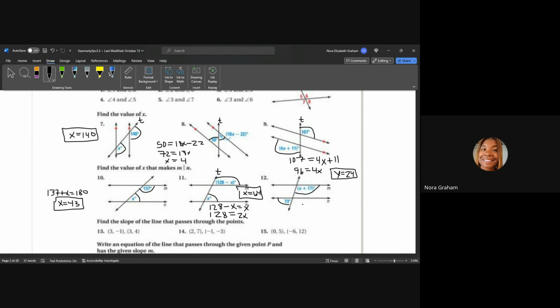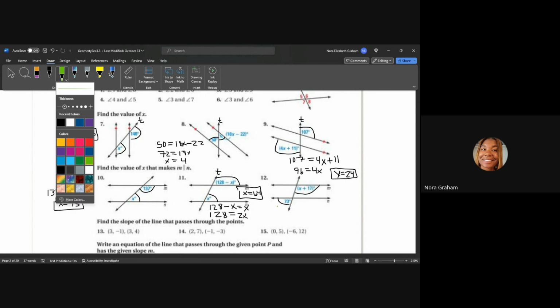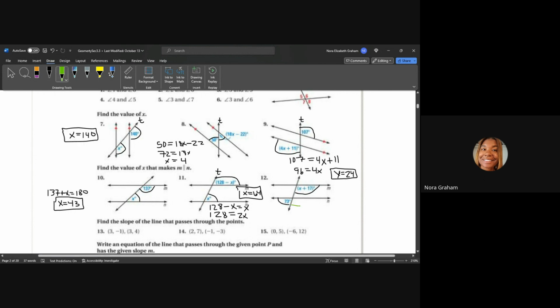What I can depend on is this angle right here. If I find this angle right here, then these two angles will have a relationship and be congruent. They'll be corresponding angles, again, because they're on the same side of my transversal, and they're both this time beneath my two lines.